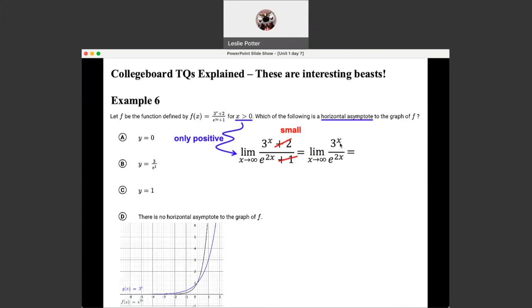And so now we're looking at this. And so if we have enough awareness about these functions to know that the denominator is growing much quicker than the numerator, then what we can say is that the numerator is small, the denominator is big, and that's the same as saying like a number over infinity, which is 0.